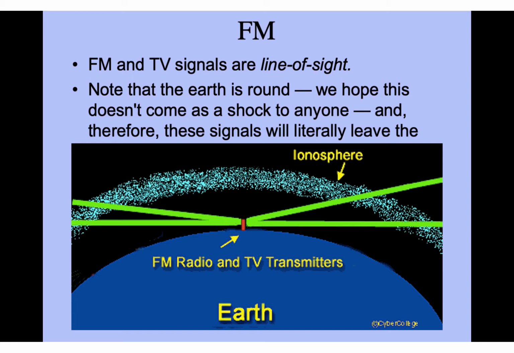So that's FM signals. Now, a lot of you guys probably use satellite radio or XM radio, or a satellite dish for your TV. And it's also line of sight, but they don't use FM signals for that. They use microwaves. And microwaves are just a little bit higher energy than the FM radio signals.